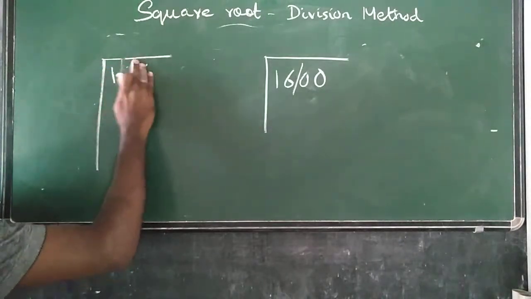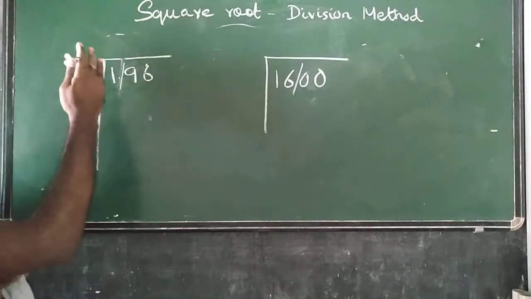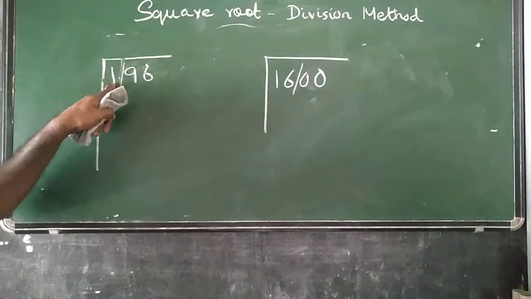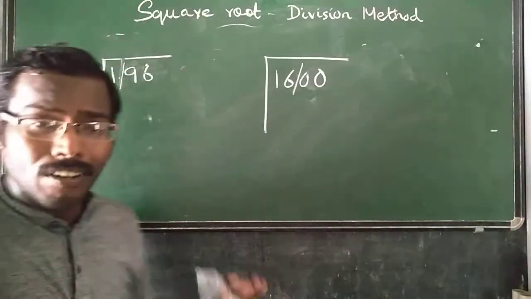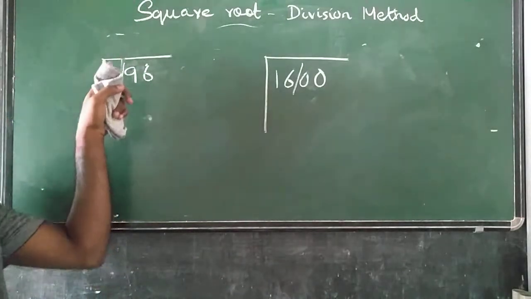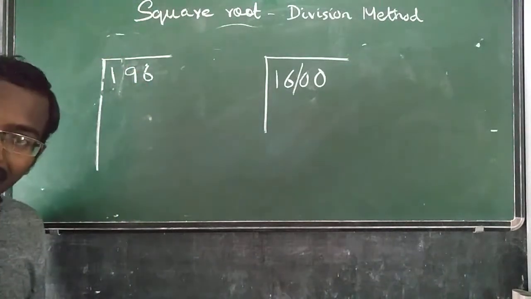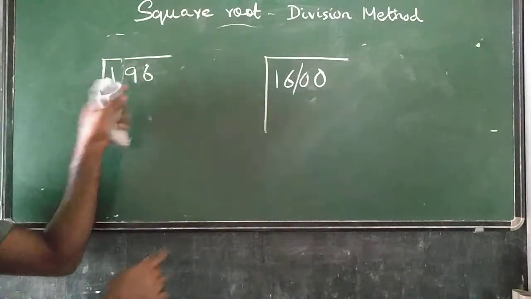So first take this 196. The first digit alone is separate. You may have a doubt whether I take this as 1 or I take this as 19.